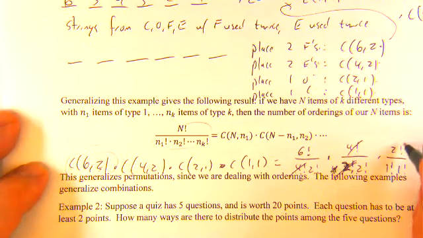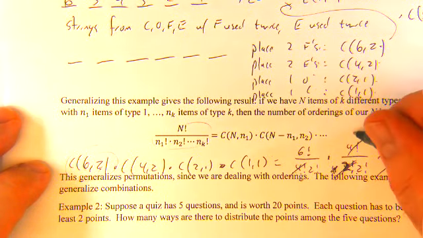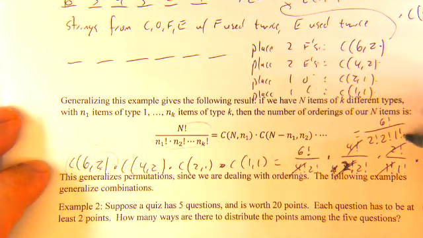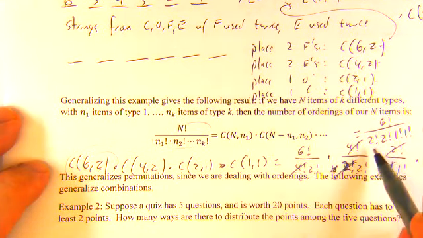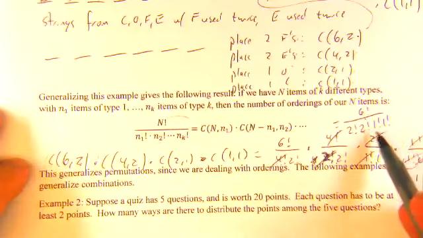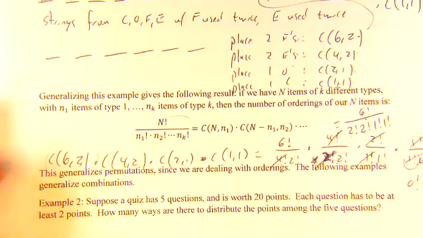This 2 factorial cancels out with 2 factorial, 1 factorial cancels out with 1 factorial, and 0 factorial is just 1, and 1 factorial is just 1. So we can just ignore those for now. So what do we actually get? You get 6 factorial over 2 factorial, 2 factorial, 1 factorial, 1 factorial. 6 letters, 2 Fs, 2 Es, 1 C, 1 O. And that's where that formula comes from.